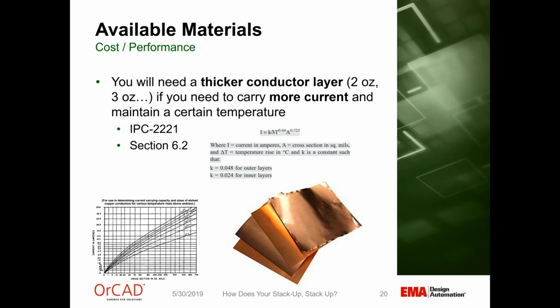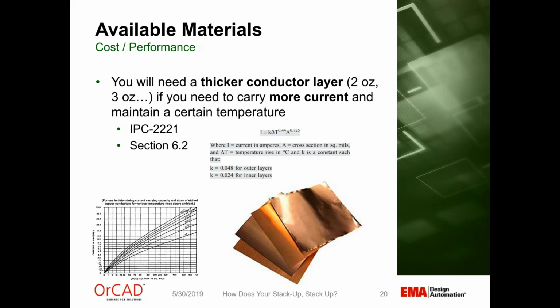That's another option. The IPC spec has some good data on how the cross-section of your conductive material against the amps that are flowing through it relates to temperature rise. So given a certain cross-section of copper and a certain amount of amperes flowing through that, what is the expected temperature rise that you're expecting to see?